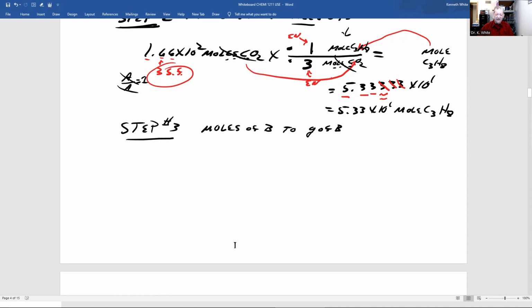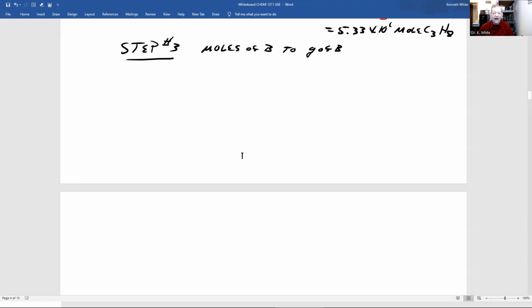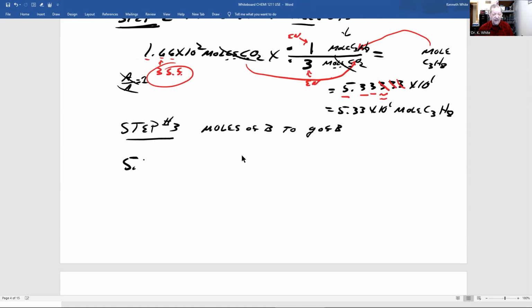And if you don't believe me, you should, but just in case you don't, there it is in writing. Moles of B, step 3, the mass, which is grams of B. So how do we do that? Well, the number we have to start with is moles of B. Remember, B is propane, C3H8.